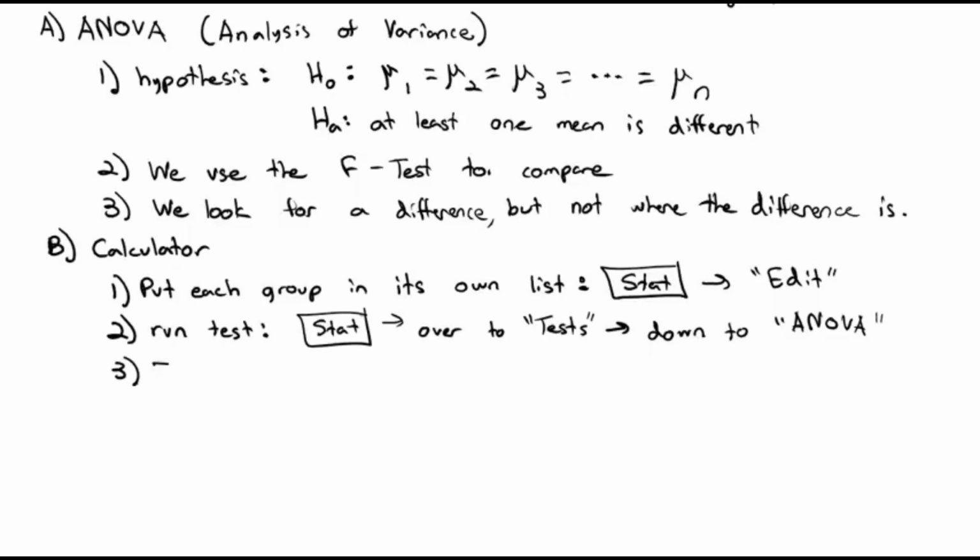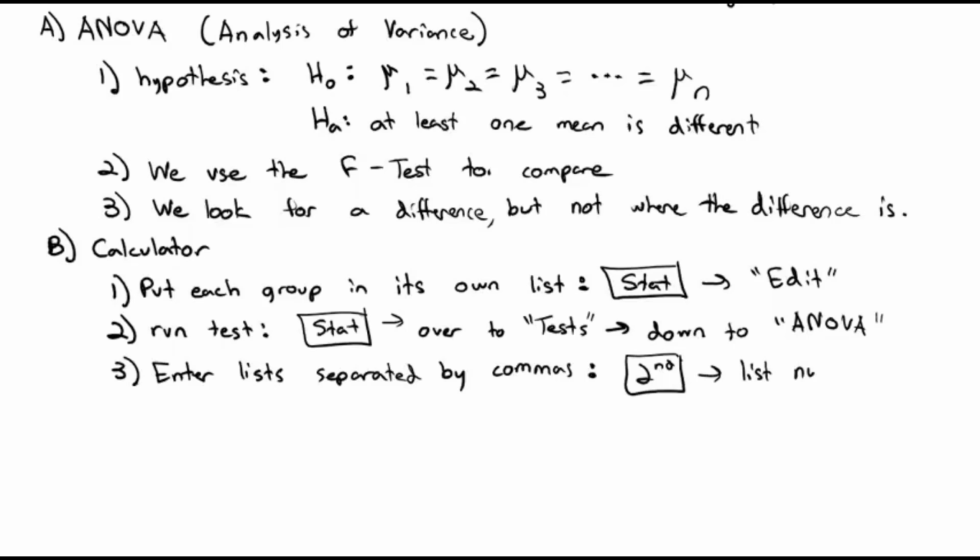So what we need to do is we're going to enter the lists separated by commas. And the way we get the list is we'll hit second and then select the list number. And we'll see how that all works out with our example.